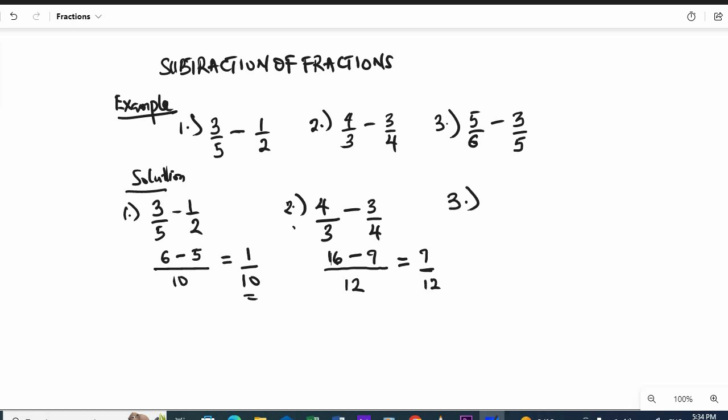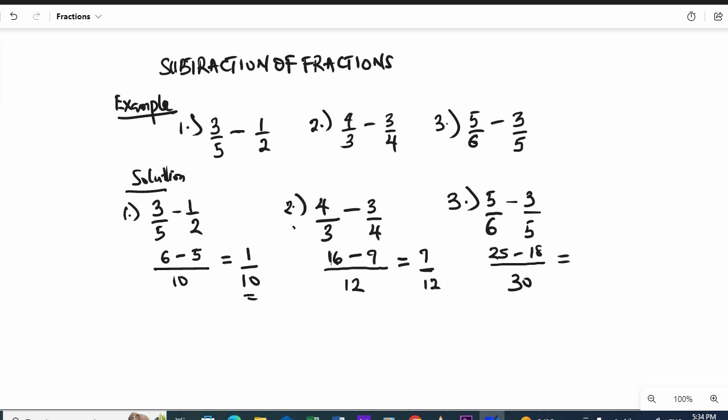And then last one, just 5 over 6 minus 3 over 5. Same thing, it's 30. 30 over 5, that's 6. 6 times 5, that's 30, right? 30 divided by 6, that's 5. 5 times 3, that's 15.